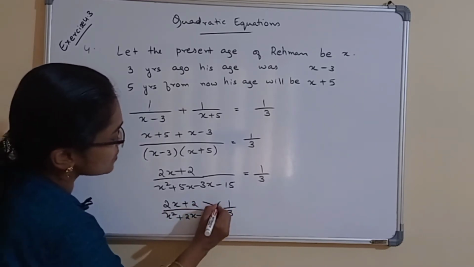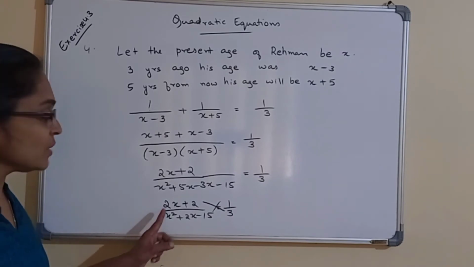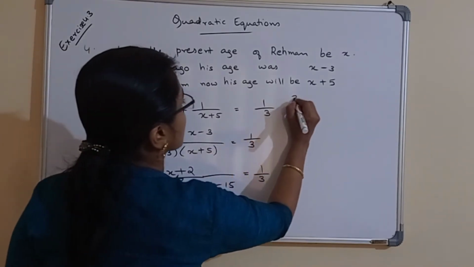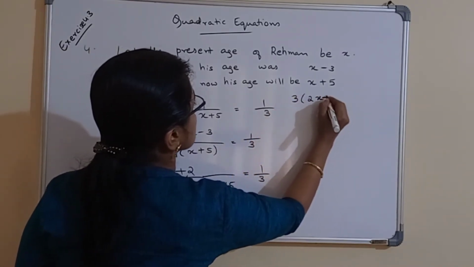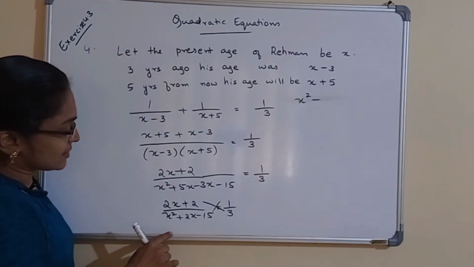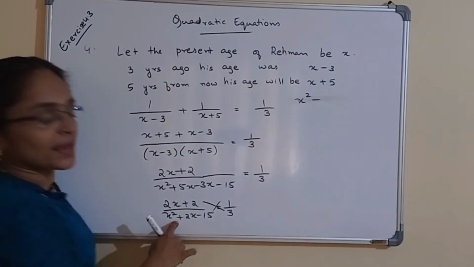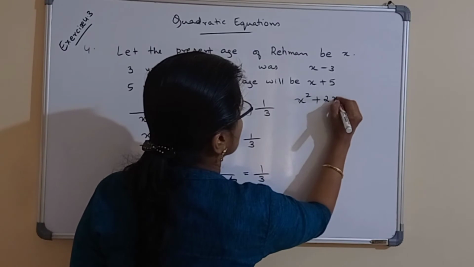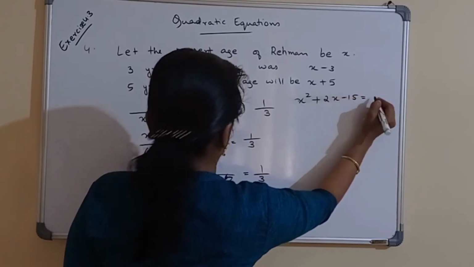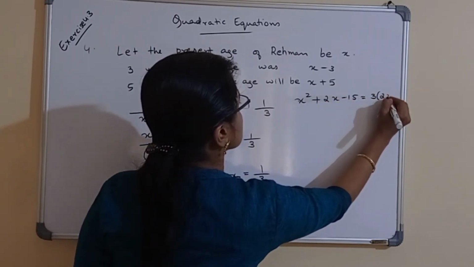Now we can cross multiply this. 3 into 2x plus 2. Or we can write this first: x square plus 2x minus 15 is equal to 3 into 2x plus 2.